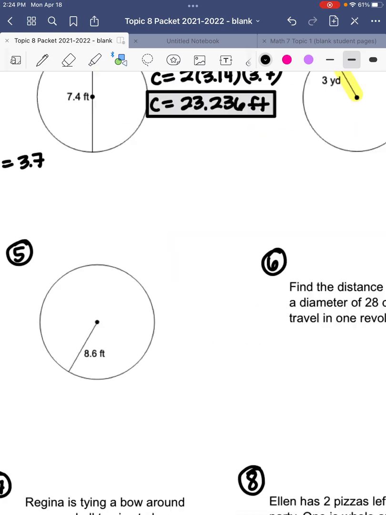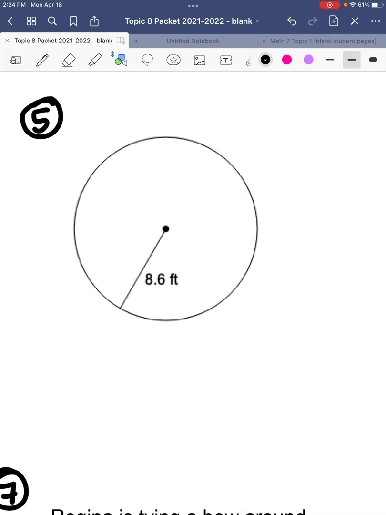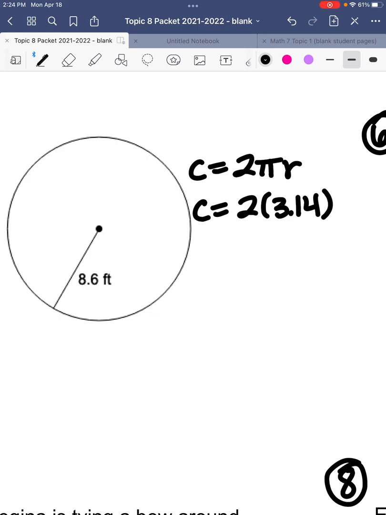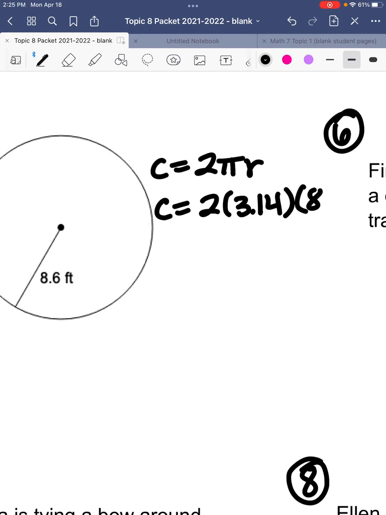Okay, moving on to number 5. Again, I've been given my radius, so that's good. I just can use my formula and plug it in. C equals 2 times pi times the radius. So C equals 2 times 3.14 times 8.6. That's my radius. And now I'm ready to just plug this right here into my calculator.